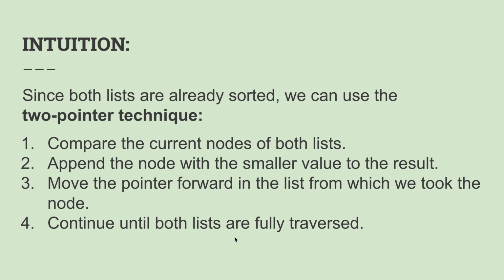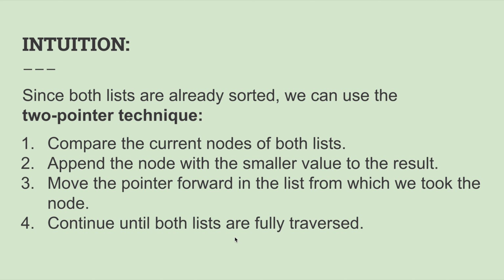But before that, let's understand the intuition and the thought process part. So what is the intuition here? Since the input lists are already sorted, we can take advantage of this. Think of this as merging two sorted lists, like two sorted arrays.